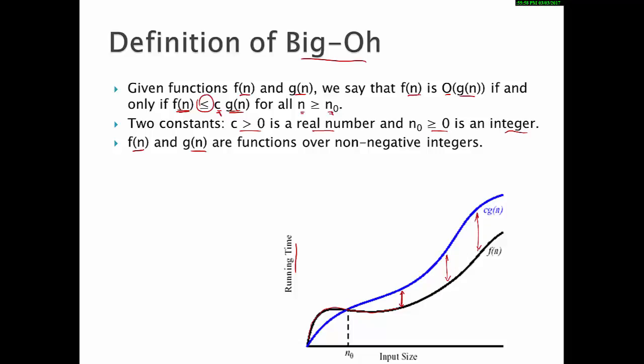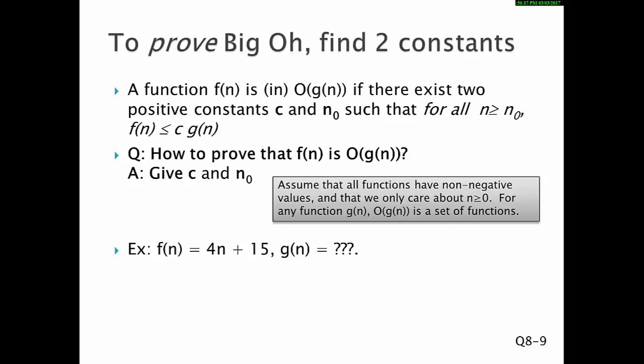Maybe when n is small, it's not true, but eventually once you hit this point right here, n naught, then for any input that's bigger than n naught, the runtime, or this function f of n, is going to be less than this multiple of g of n.